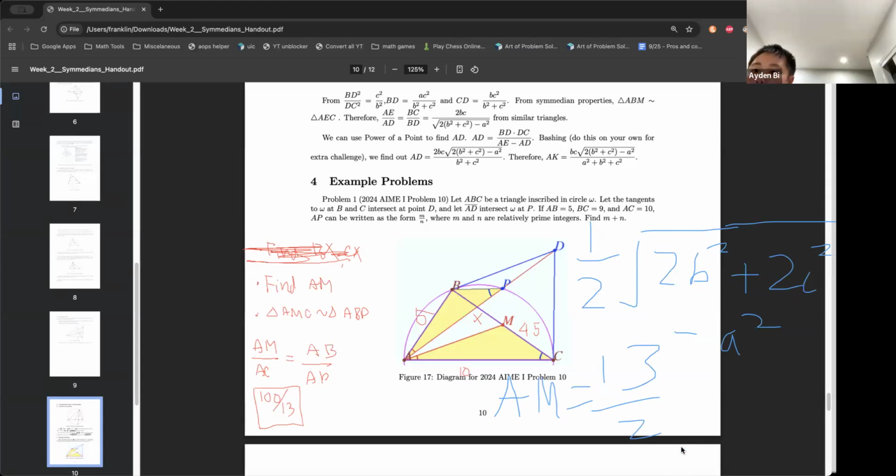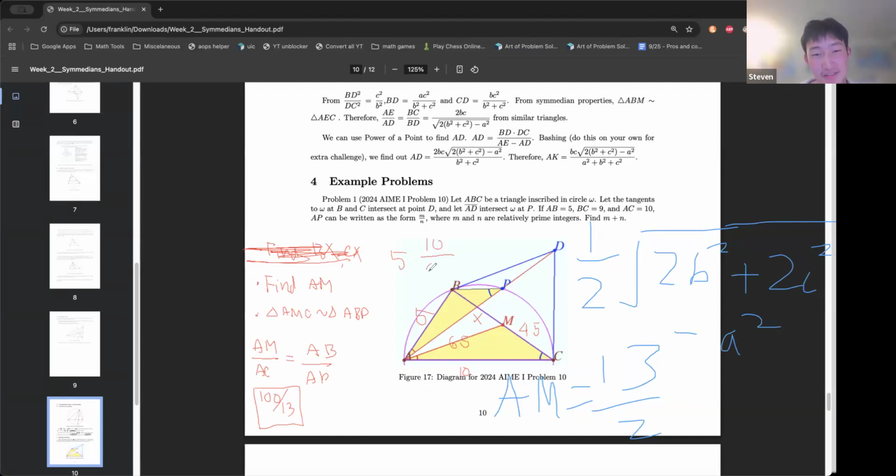And then the ratio of AM over CM, that's going to be 13/4. No, 13/9. And then you need to multiply 9/3 by 5. Oh, looking for AP. Oh my god, indeed. I think that's okay.